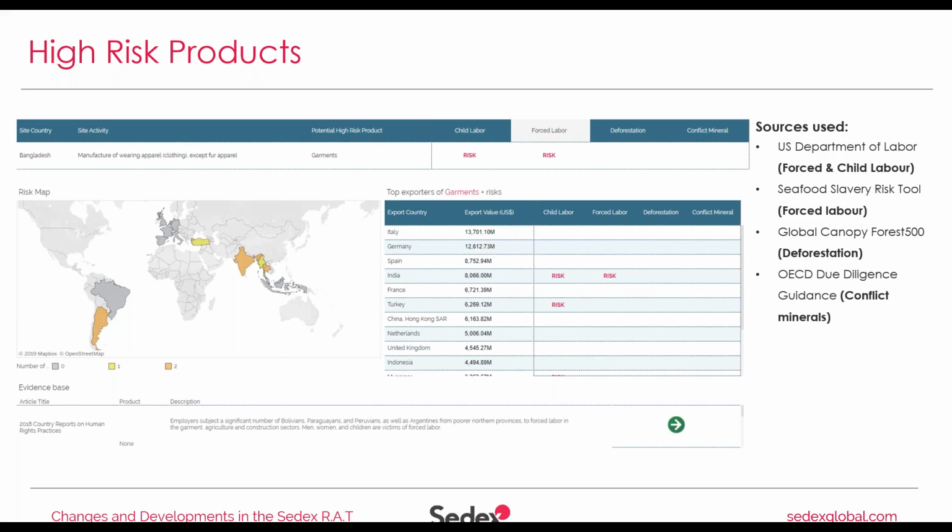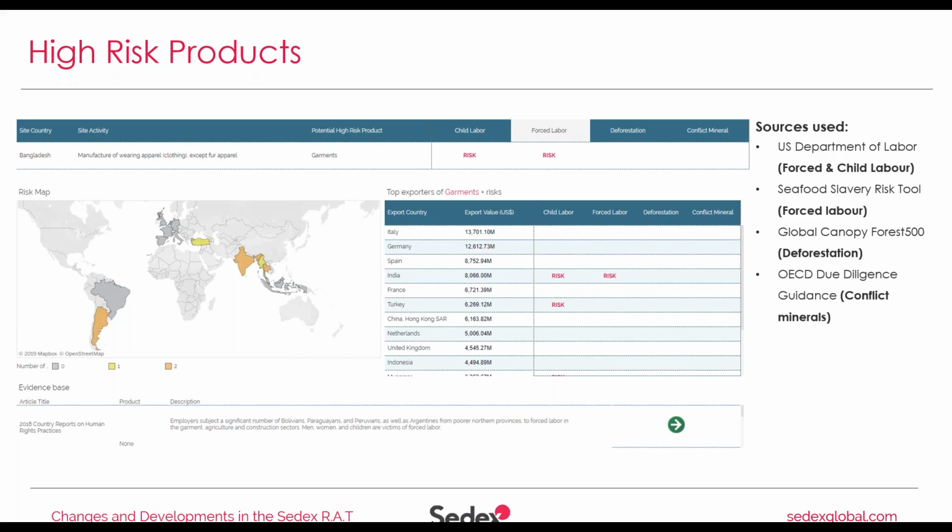And the tool will help to highlight whether that might be the case with a particular supplier that's connected to you on the Sedex platform. In this view, you can see that you're looking at a supplier who is a garment manufacturer in Bangladesh and has certain risks associated with them, but it will also pull in information from UN trade data to display the other countries that are key export markets for that particular good or commodity, and indicate whether those risks are known within the other export markets as well.